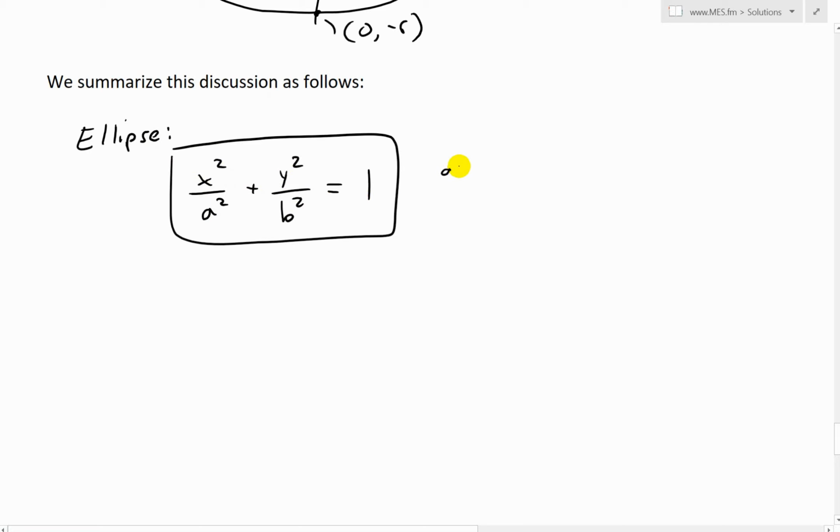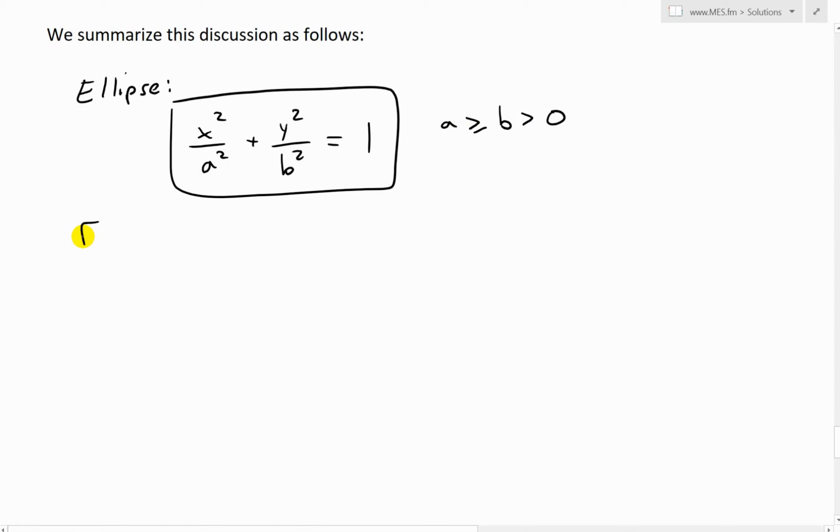And in this one we have a is greater than or equal to b, and this is all greater than 0. If it's equal, we get a circle, etc. And the foci are going to be at plus or minus c, 0, where c is equal to the square root of a squared minus b squared.